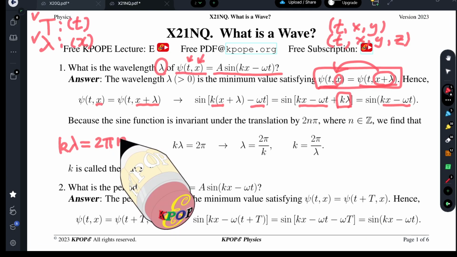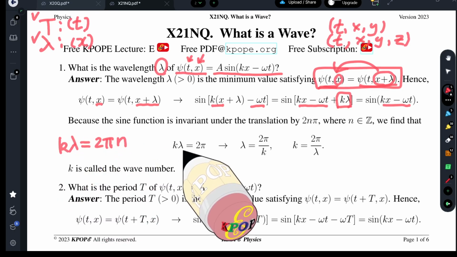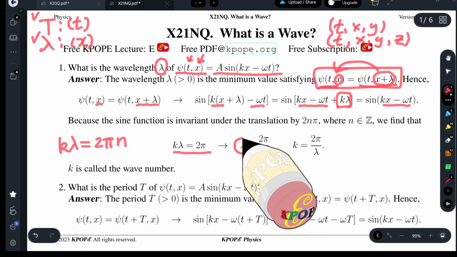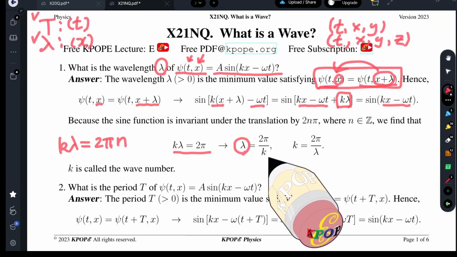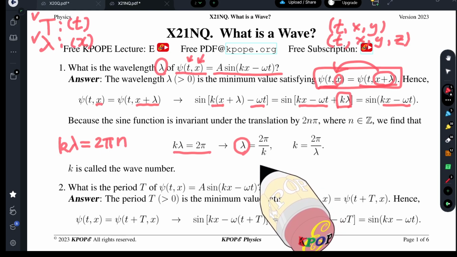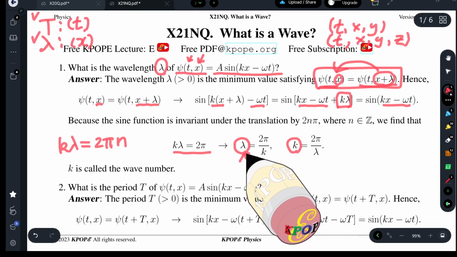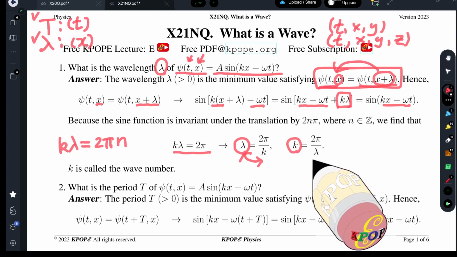The minimum value is n equals 1, so k lambda equals 2 pi. Therefore, the wavelength lambda is 2 pi over k. Here k is called the wave number, and exchanging lambda and k, we find k is 2 pi over lambda.